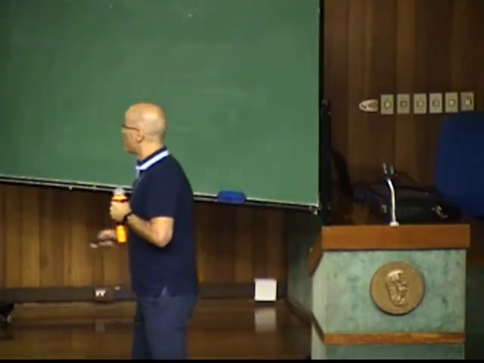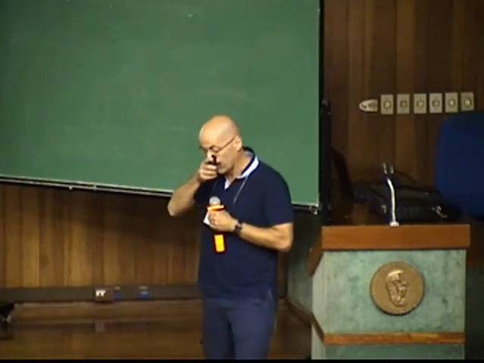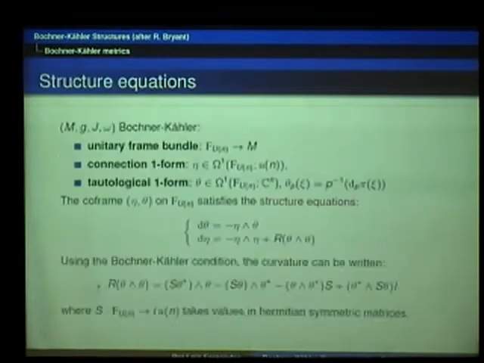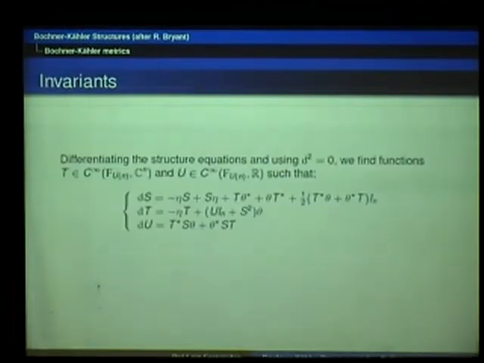So these functions provide what's called a complete set of invariants. And let's put that aside for now. The point is that we have some equations that need to be satisfied. Right? So we have on the previous slide the structure equations, and now we have these equations for these invariants, and any Bochner-Kähler manifold will have to satisfy these equations.